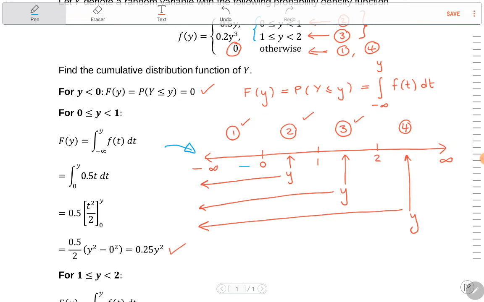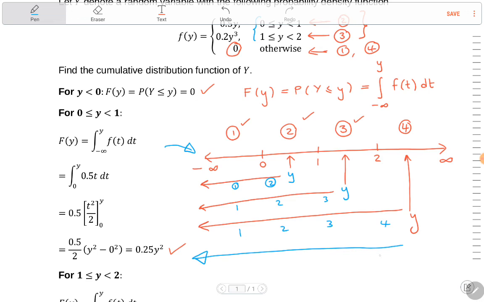So if you're looking at y in region 2, let's say you're looking at this y, then you must integrate over regions 1 and 2. If you're looking at a y in this region, then you must cover 1, 2, and 3. If y is in the next region, you cover 1, 2, 3, and 4. So every single function to the left of y must be included.